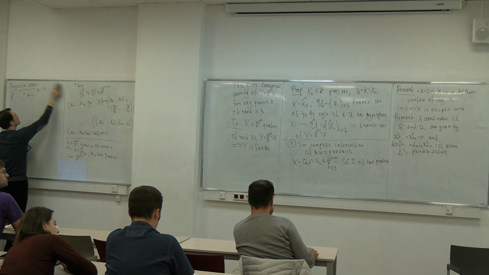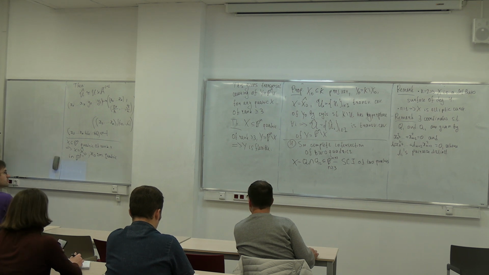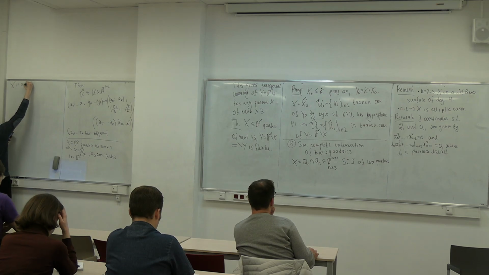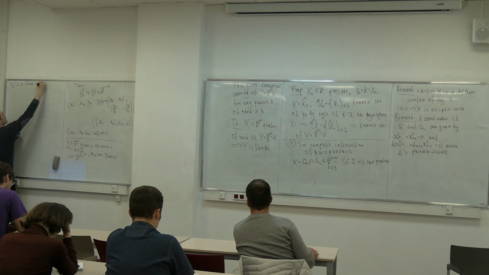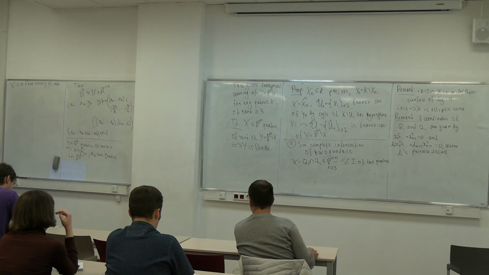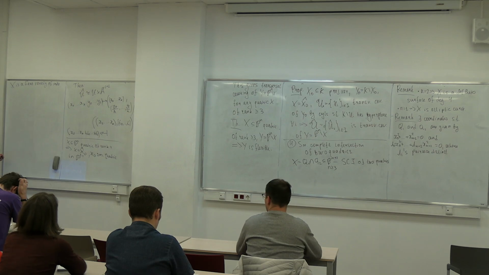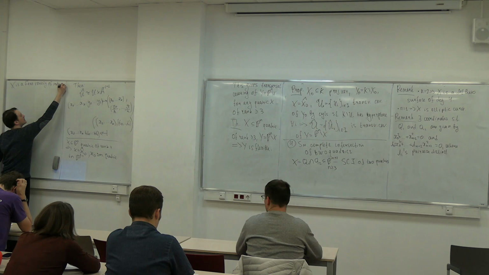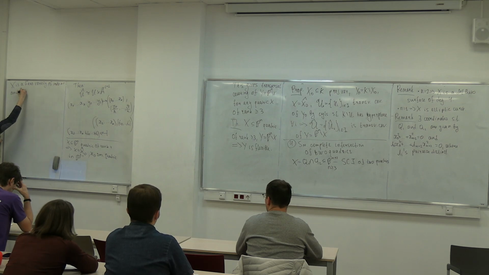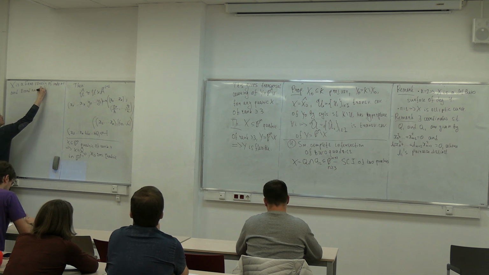Let me briefly explain how we prove that. First of all, X is a Fano variety of index n minus 1 and Picard number 1.